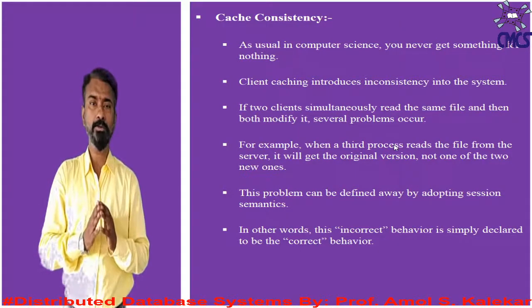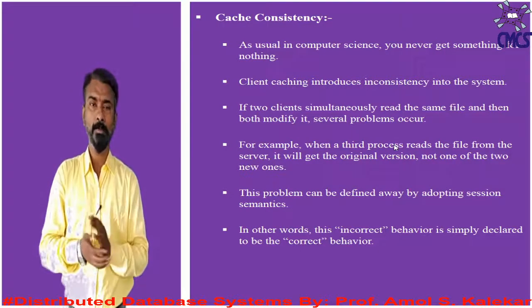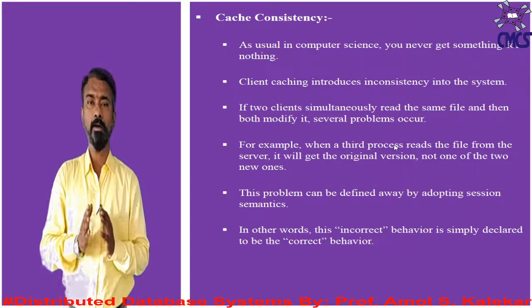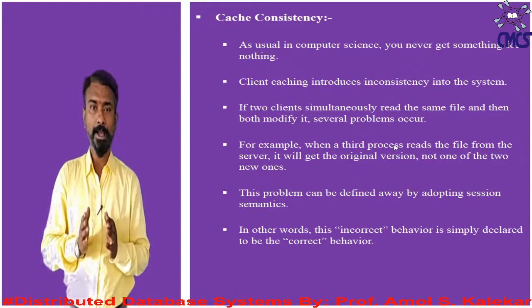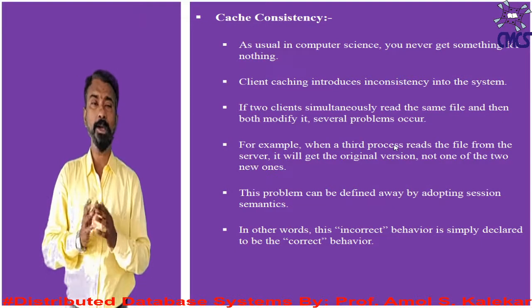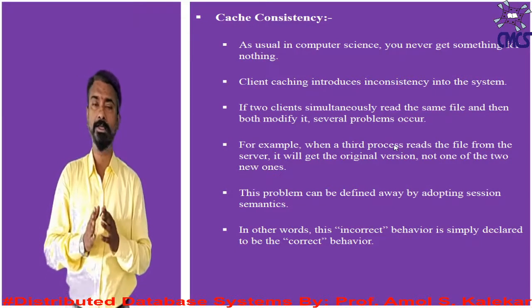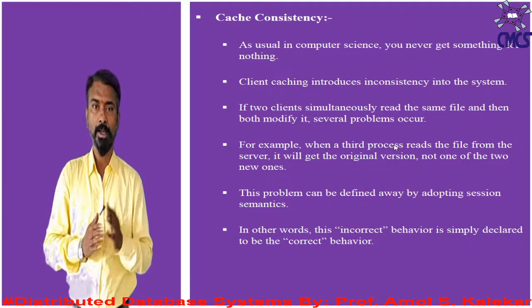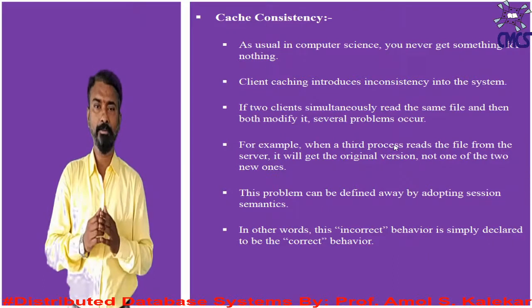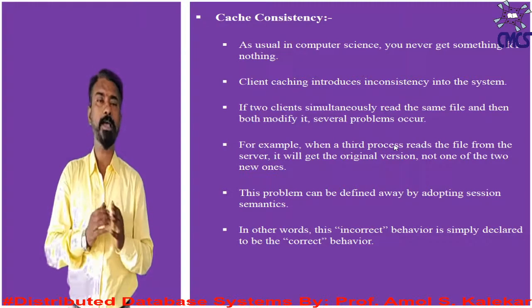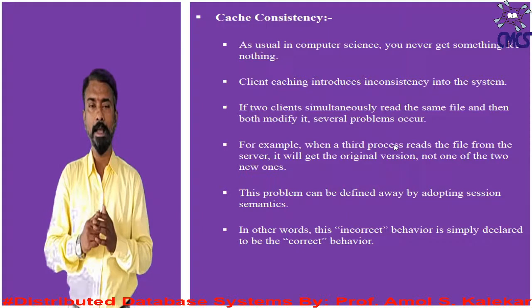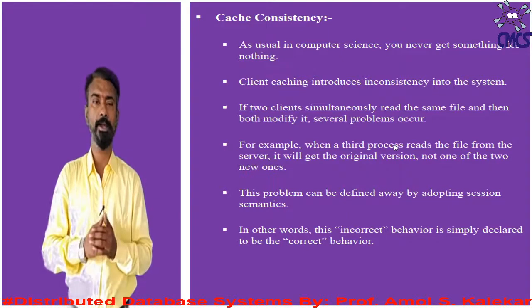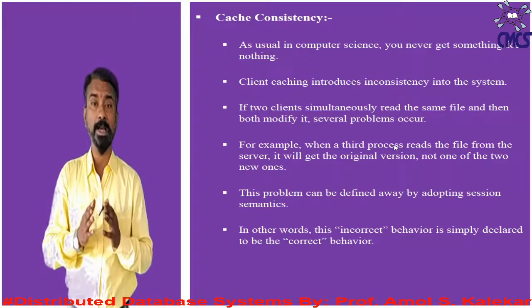So, as usual in computer science, you never get something for nothing. Again, client caching introduces inconsistency into the system. Now in that sense, if two clients simultaneously read the same file and then both modify it, several problems can occur.